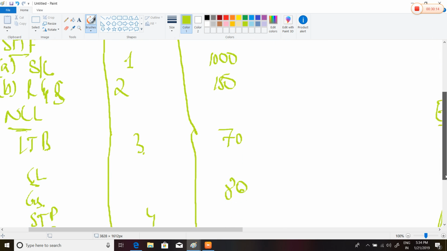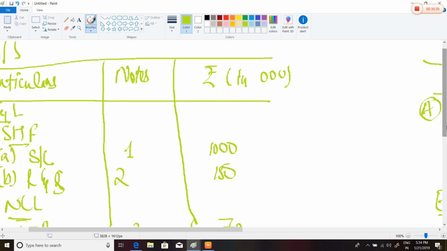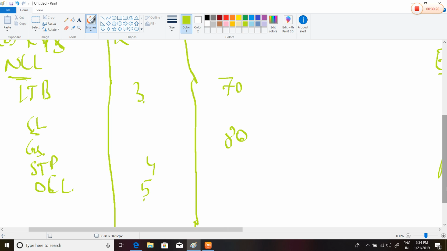150. Then 150, 70 and 80. Okay. Then working notes, notes to accounts numbers 4 and 5. See, in short-term provisions you will write 470.